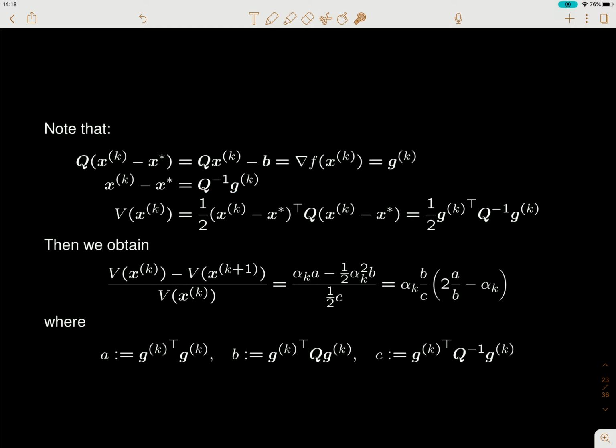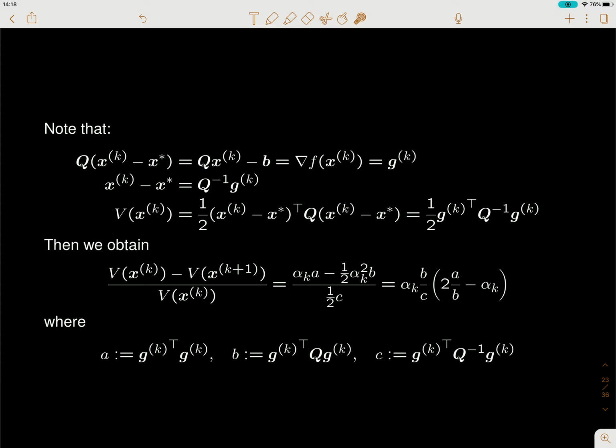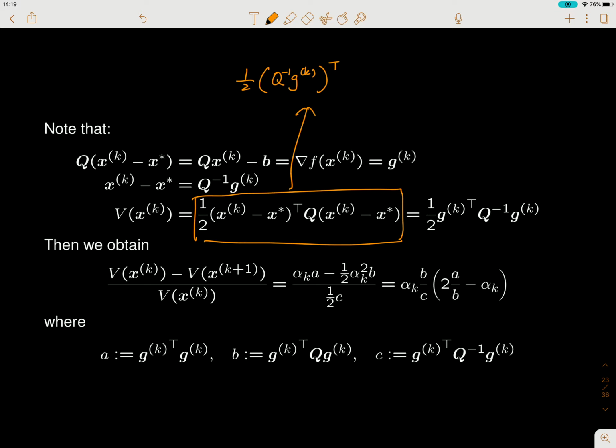Finally, because of this relation, when I look at the definition for v(x_k), I substitute x_k minus x* by that, both in this place and in this place. So this whole thing will be just 1/2 of (Q inverse g_k) transpose Q times Q inverse g_k.